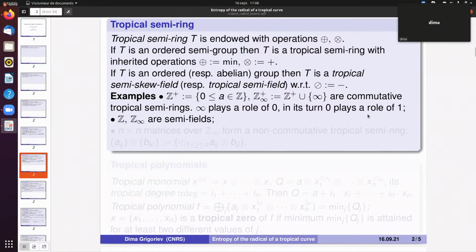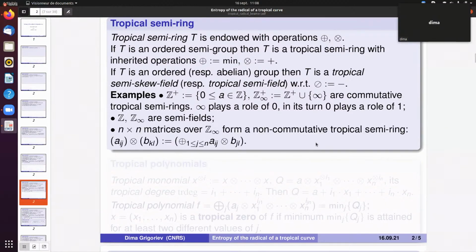If you consider not just the non-negative integers, but all the integers, or all the integers with the added infinity, you get a semi-field, because now you have a subtraction, which as we said is the tropical division. An example of a non-commutative tropical semi-ring is the tropical semi-ring of n by n matrices over some semi-ring, say over Z with infinity, with the usual rule for multiplication of tropical matrices.